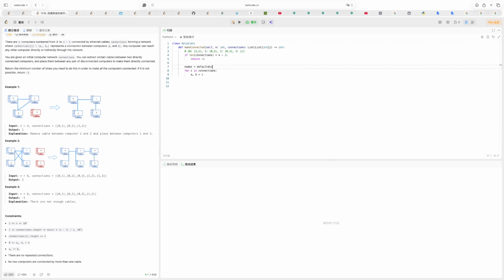I will have the length of, I will have a default dict.